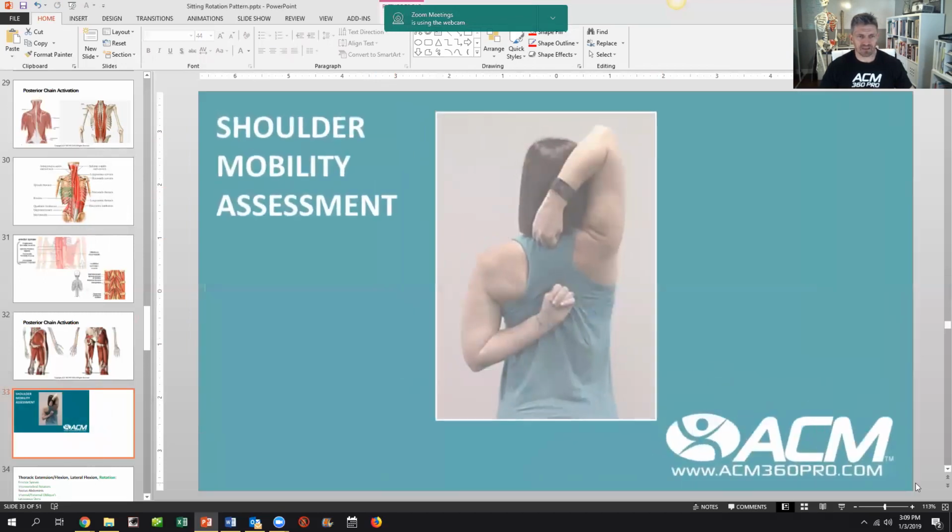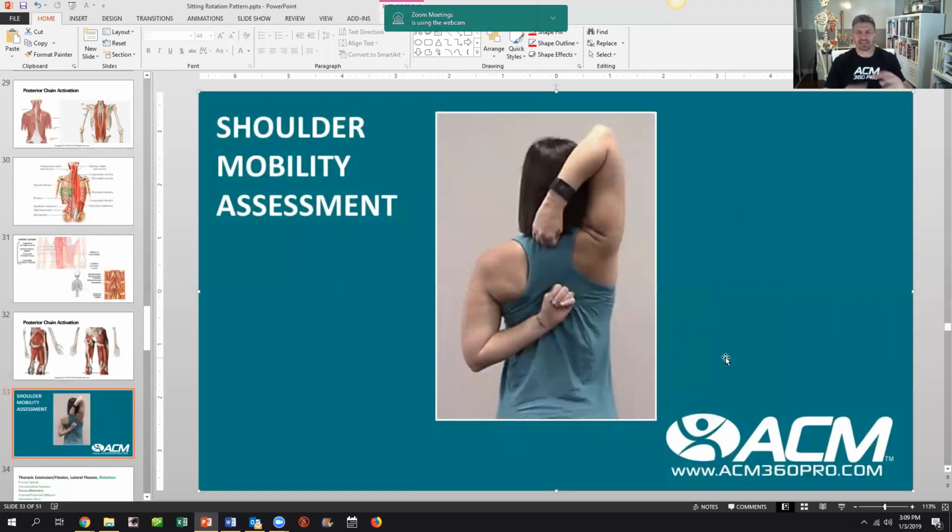It's just giving us a confirmation that we didn't see any thoracic restriction, but we saw some shoulder flexion problem. If I take someone through an assessment and I'm not seeing a huge kyphosis, I'm seeing great extension and shoulder flexion in the backward bend, and I'm seeing really good thoracic rotation, then I'm probably not going to take them through the shoulder mobility test. I can just say, okay, do you have any shoulder mobility restrictions?